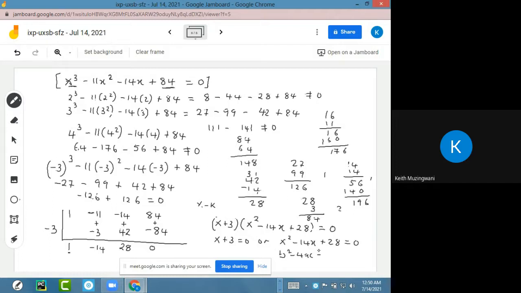So we have 196 minus 4 by 28. 28 by 4, that's 2, carry 1.